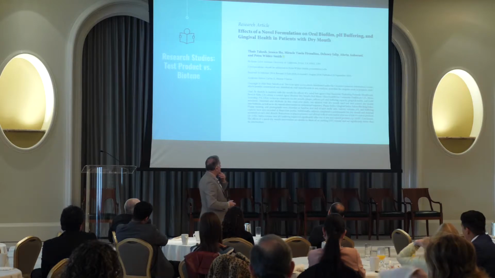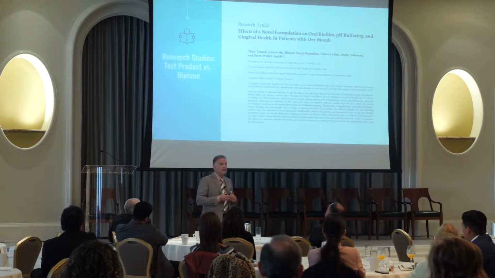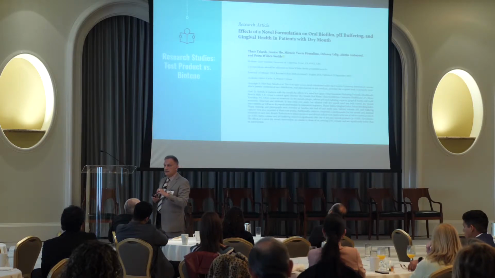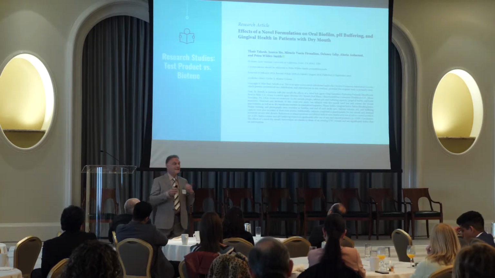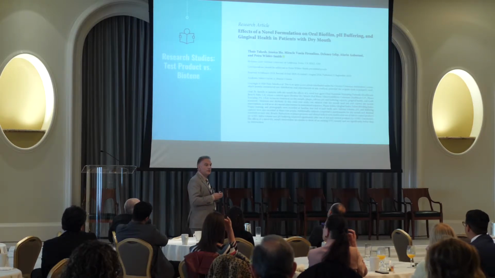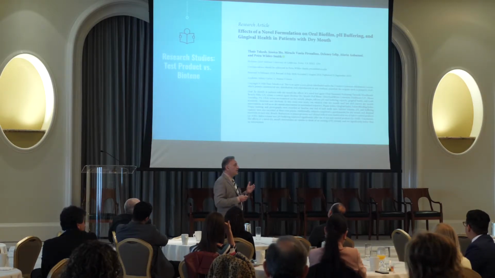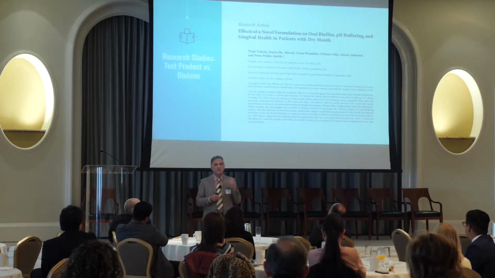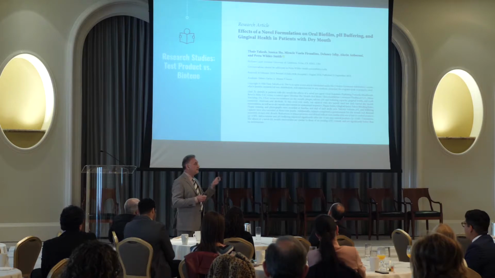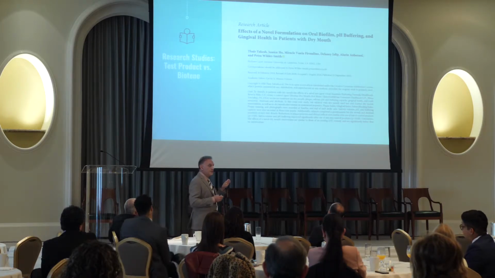Second study, we were talking about dry mouth. The gold standard in dentistry is biotin. And we went head to head with biotin, and we found patients that were suffering from dry mouth, and usually they produce less than 2 milliliters of saliva in 2 minutes. So that's the kind of population that we're using.